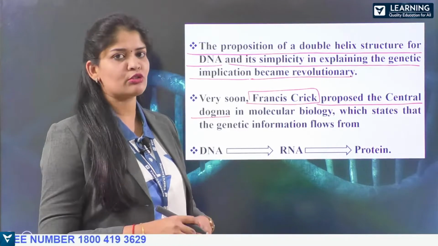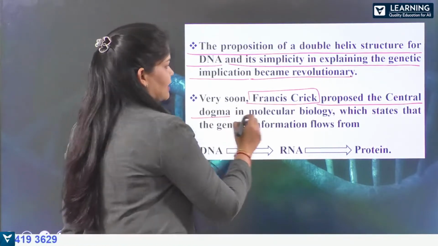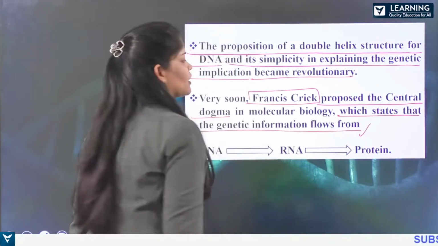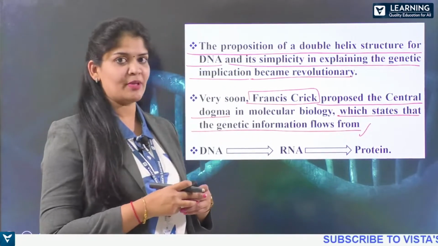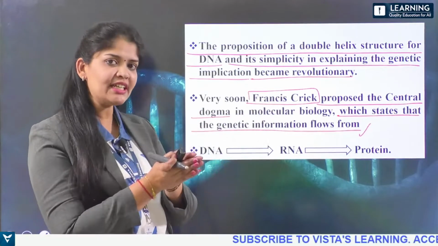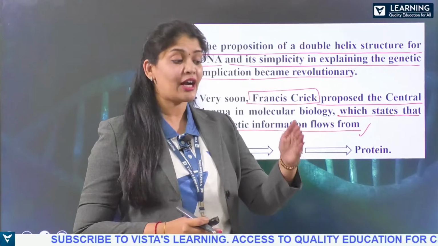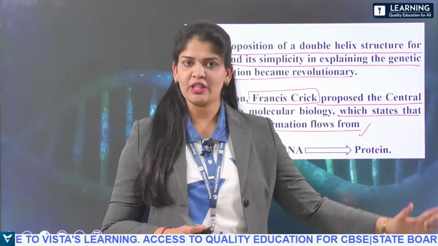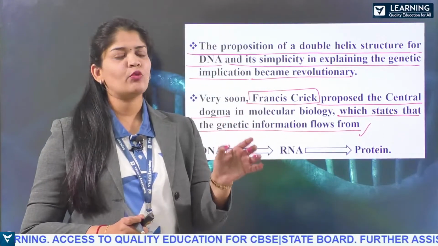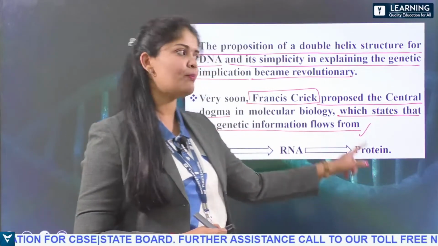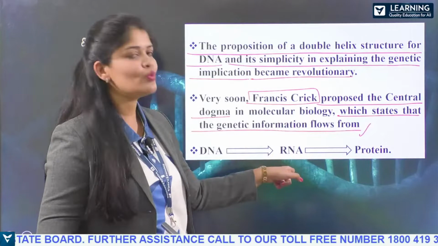What do we mean by the central dogma of molecular biology? It says that the genetic information flows from DNA to RNA and from RNA to protein. That means whatever the sequence of amino acids in the protein, that is decided by the DNA through RNA.